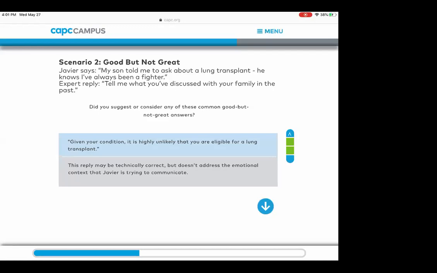If you get stuck when patients say something that might be difficult or emotional, and you don't really know what exactly to say in the moment, either don't say anything and just be quiet for a minute and see if they say anything else. But you can also just turn it around and ask another question: tell me what you mean about that. What do you think about that? That's one of the easiest ways to turn it around in a non-confrontational way and get them to tell you more.